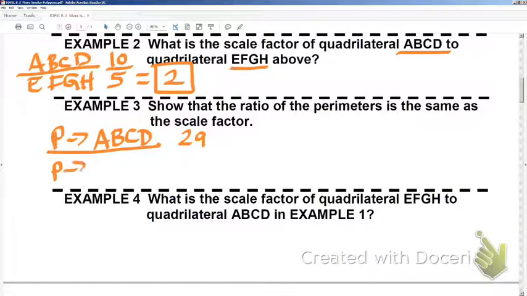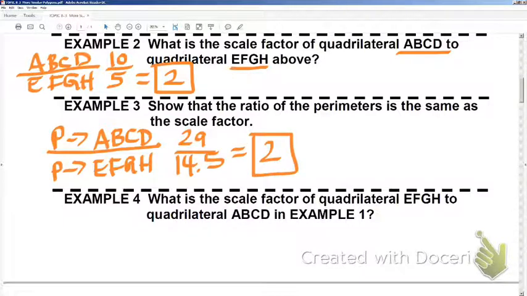And then the perimeter of quadrilateral EFGH is 5 plus 4 plus 3 plus 2.5, which is 14.5. So if I take 29 and then I divide it by 14.5, that is 2. So how does the scale factor relate?